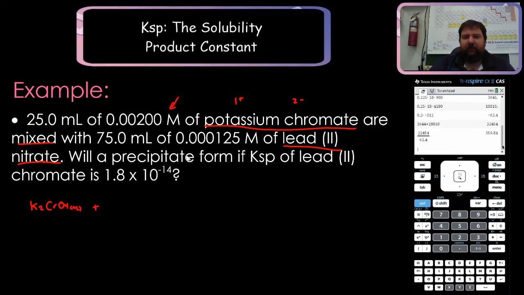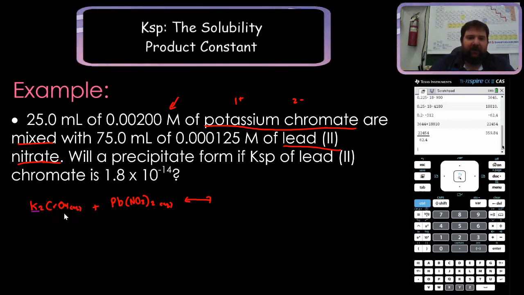And I have lead 2 nitrate that I'm mixing it with. So lead 2 plus and nitrate NO3 minus, which means I'm going to have Pb(NO3)2, and of course this as well is aqueous. This is going to dissociate. At this point it becomes something similar to what we did in Physical Science 20, which is a double displacement reaction.